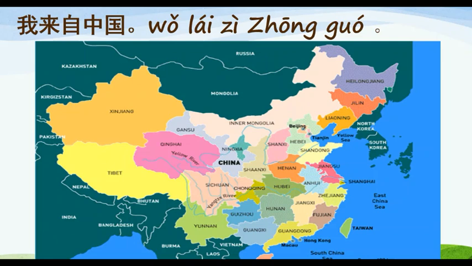Judge, true or false. The Chinese Civil War lasted from 1946 to 1949. Is it true or is it false? The answer is true. 2nd, the People's Republic of China was established in 1949 by Chairman Mao Zedong. True. Number 3.